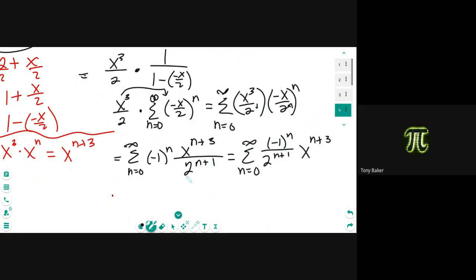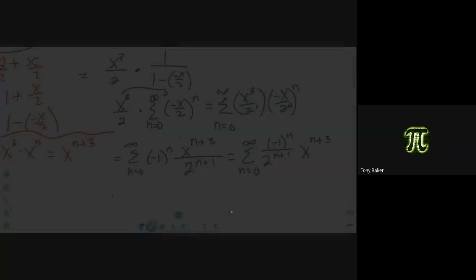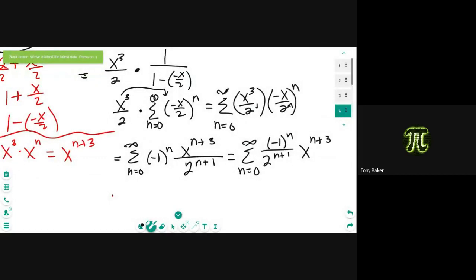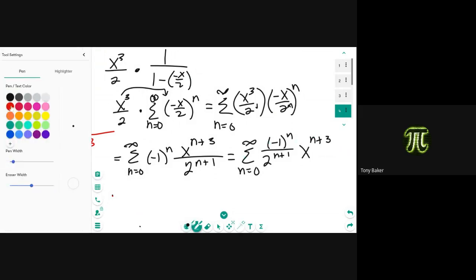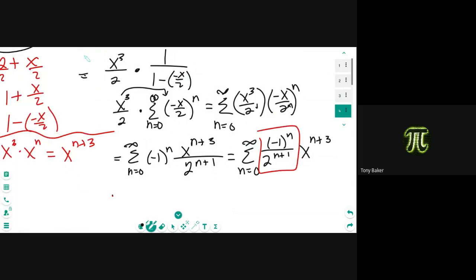Because when you write this out as a polynomial, in expanded terms, this piece right here is your coefficient. Those will be the coefficients in front of your x powers. So that's why we want to keep the coefficient separate from the actual x term.